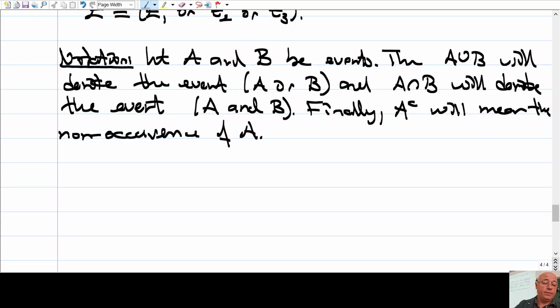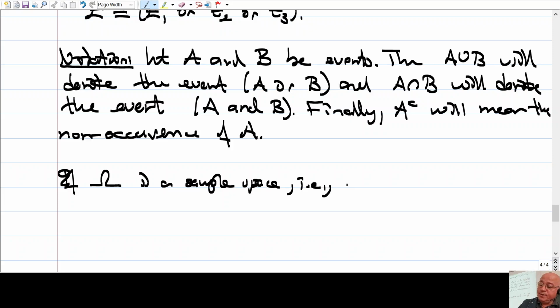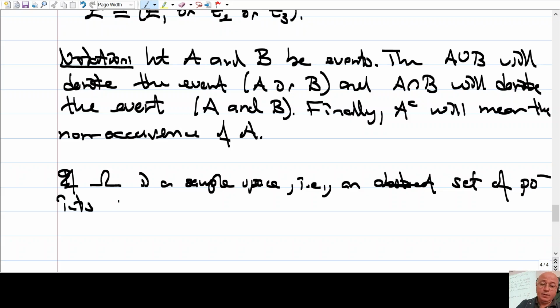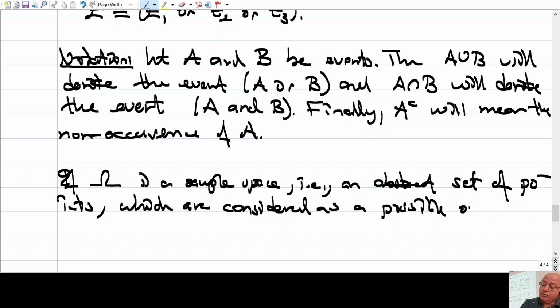More definitions. Let's say omega is a sample space, in other words, an arbitrary abstract set of points, which are considered as possible outcomes of an experiment.